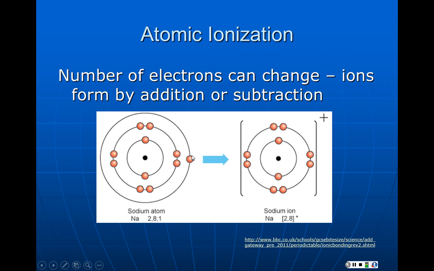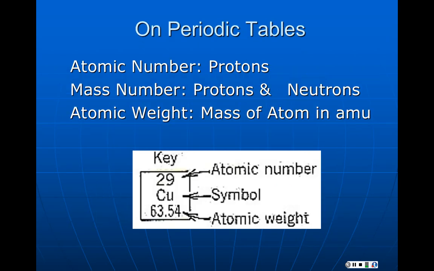In general, an outer shell that only has one electron or has very few electrons isn't particularly stable. So sodium will give this electron away and become a sodium ion. And the important point is an ion has a net electrical charge, and that's going to affect its solubility, the types of bonds it forms, its participation in corrosion reactions, and so on. So we're going to care about that a great deal.